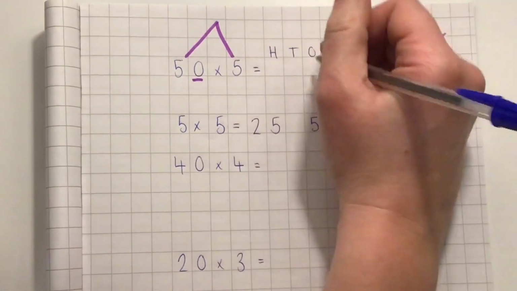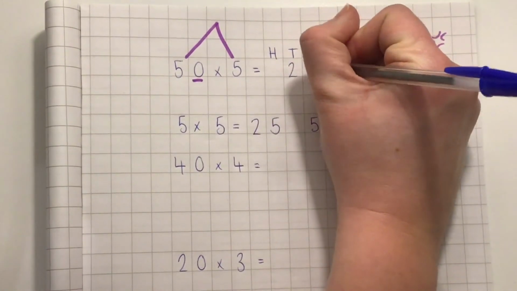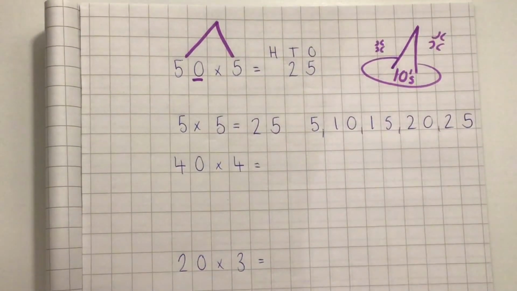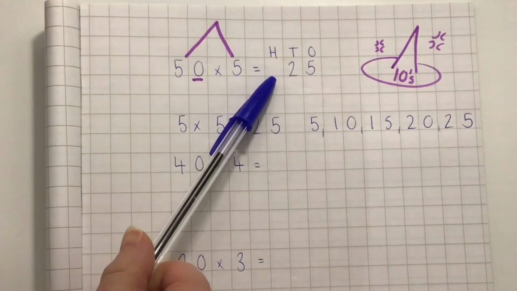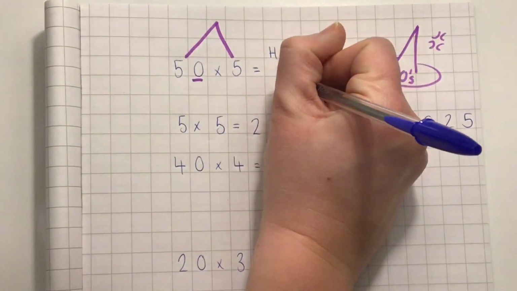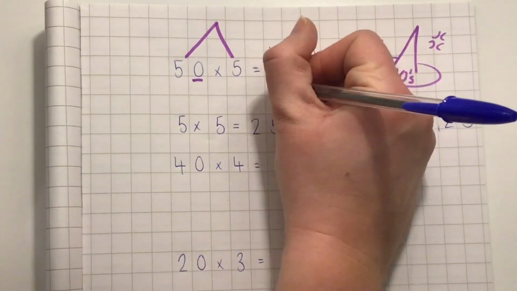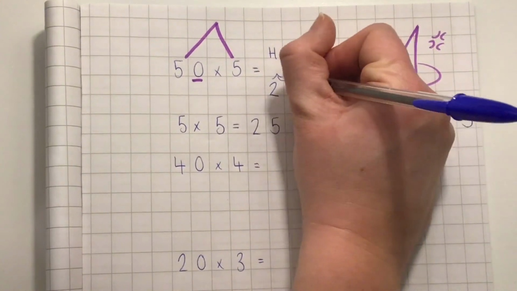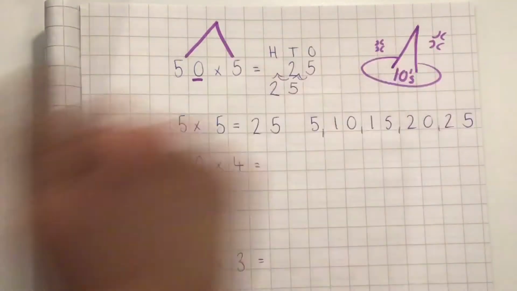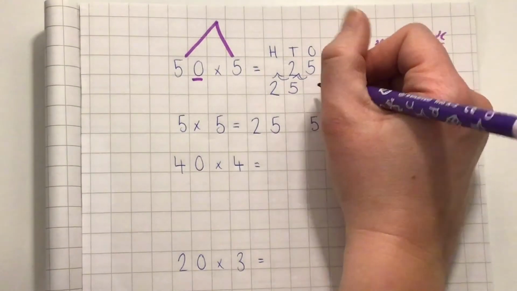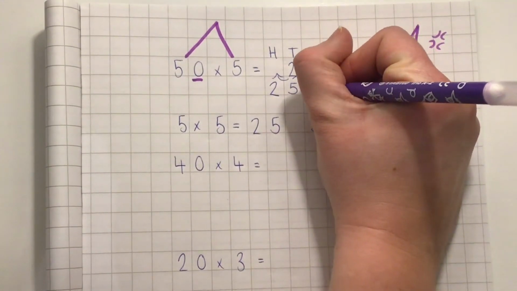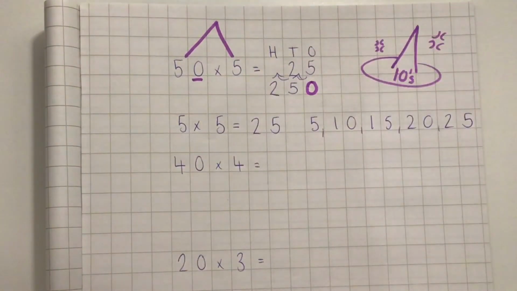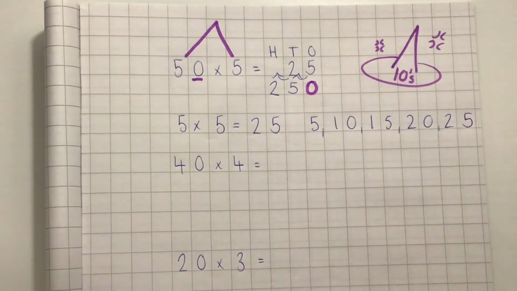So 5 times 5 equals 25. Let's remember to move each of those digits one place to the left. So 2 moves to the hundreds, 5 moves to the tens, and if we magic our 0 back into the ones as our placeholder, we can see that 50 times 5 equals 250.